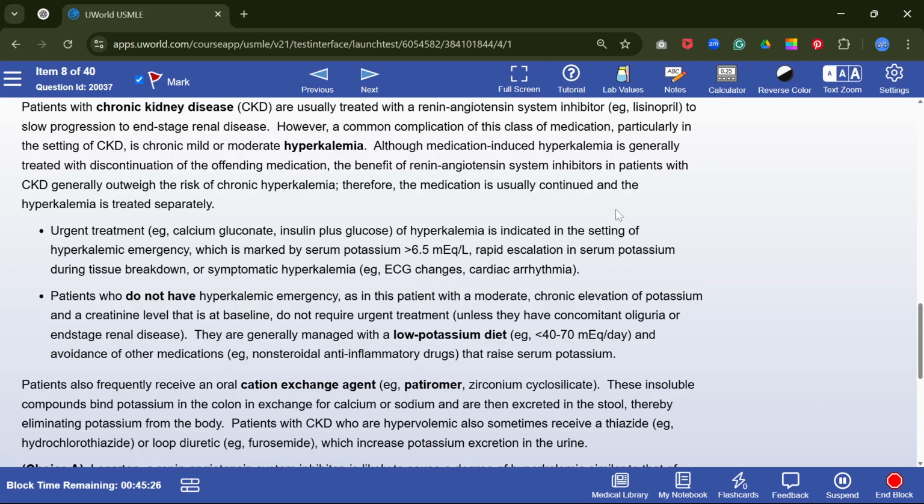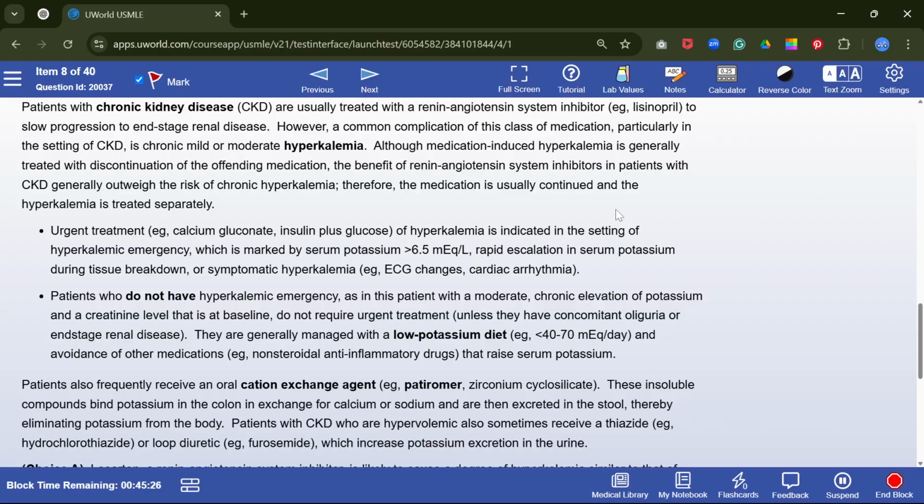Patients also frequently receive an oral cation exchange agent, patiromer or sodium zirconium cyclosilicate. These insoluble compounds bind potassium in the colon in exchange for calcium or sodium and are then excreted in the stool, thereby eliminating potassium from the body.